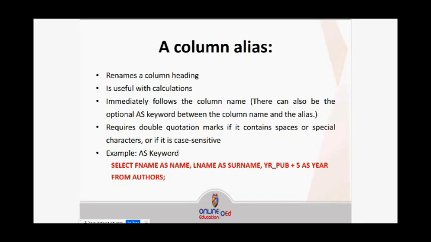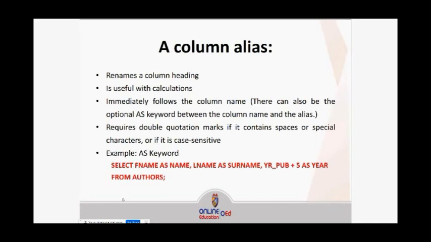Bakit? Because instead of ipakita yung formula na ginamit mo to do the calculation, you can use an alias instead. It immediately follows the column name. There can also be the optional AS keyword between the column name and the alias. It requires double quotation marks if it contains spaces or special characters, or if it is case sensitive.